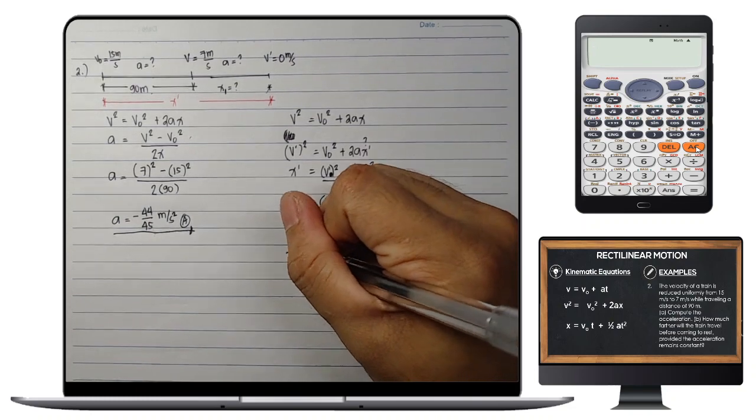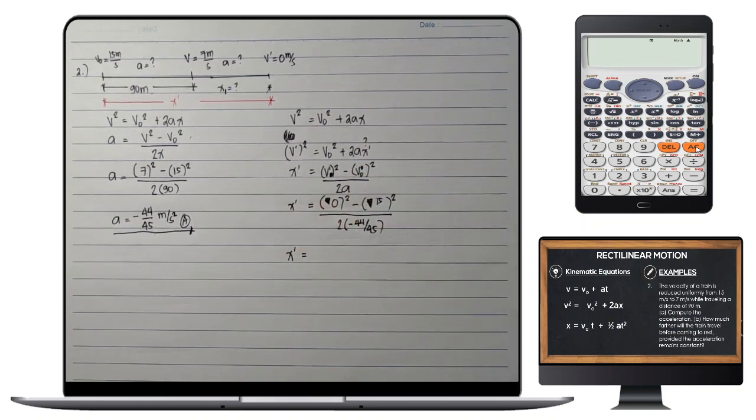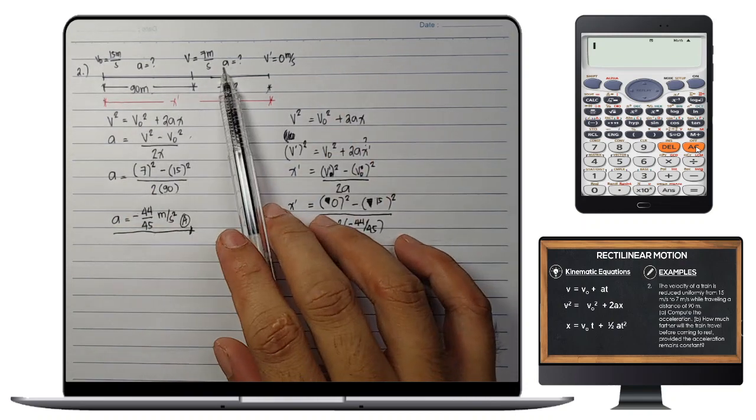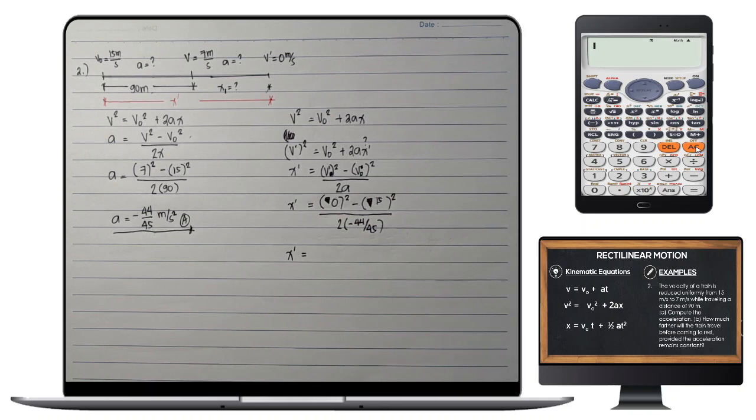So, our x prime here is 0 square minus 15 square divided by 2a. So, this is our acceleration. So, 0 square minus 15 square divided by 2 times negative 44 over 45.